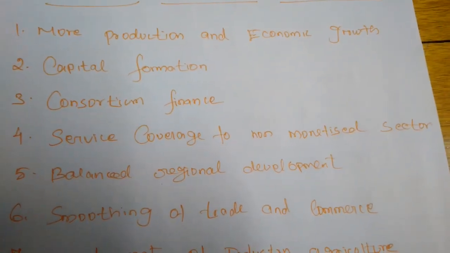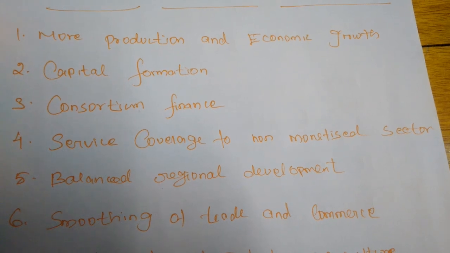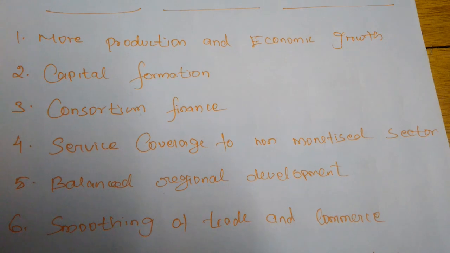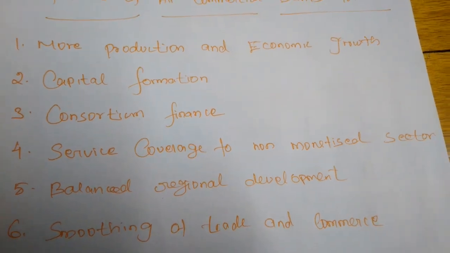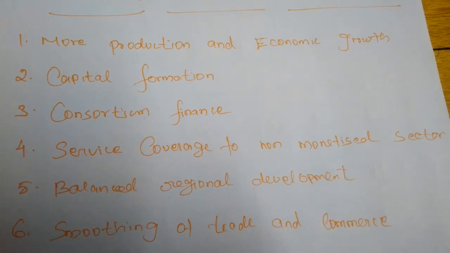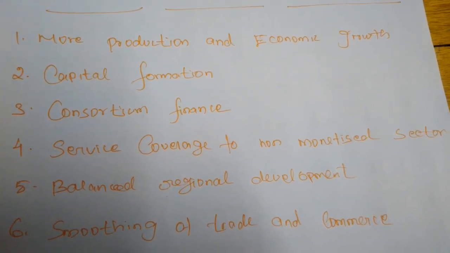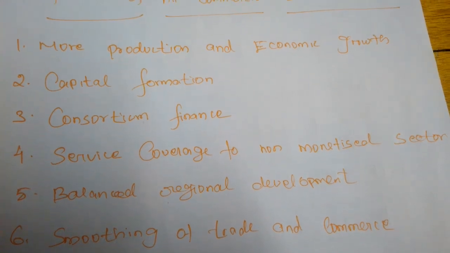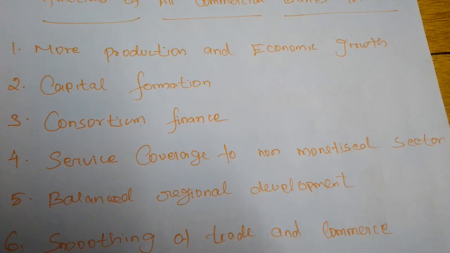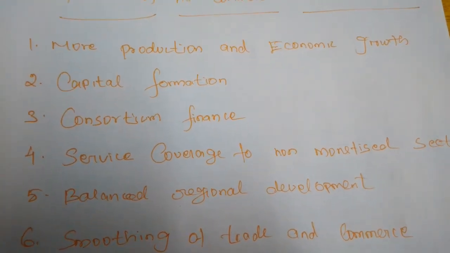How will capital formation be gathered by the commercial banks and channelized to the entrepreneurs? The banks encourage the savings habit among the people in different ways. By introducing different methods, they collect the savings, accumulate the small savings, and give them back to the entrepreneurs.